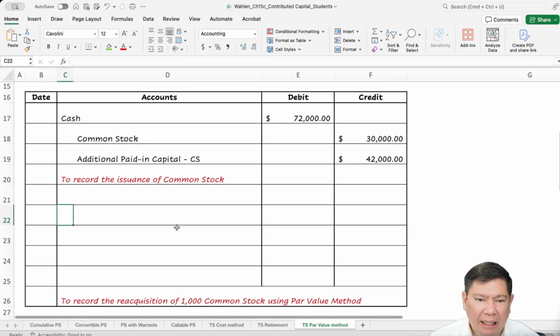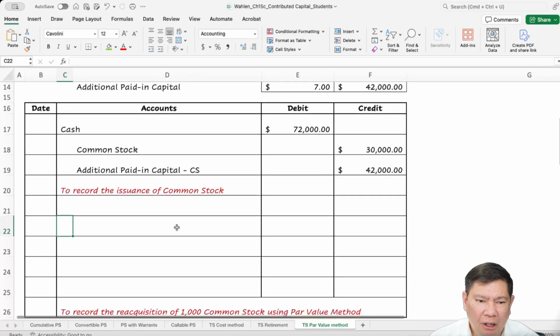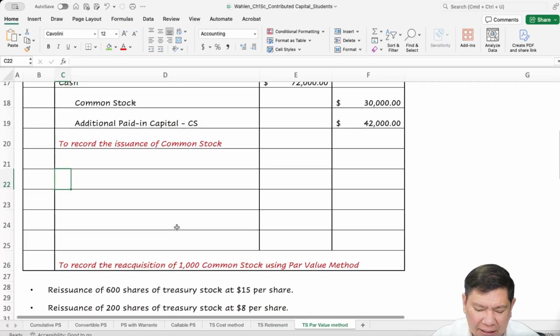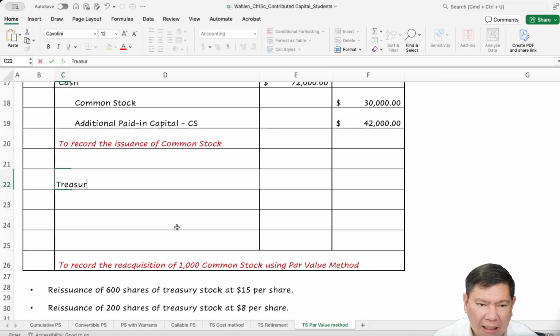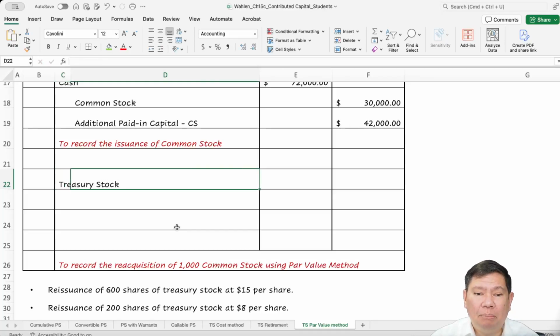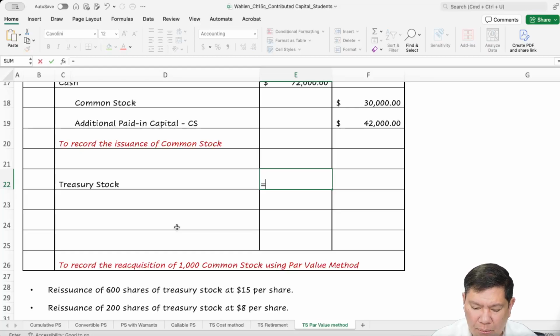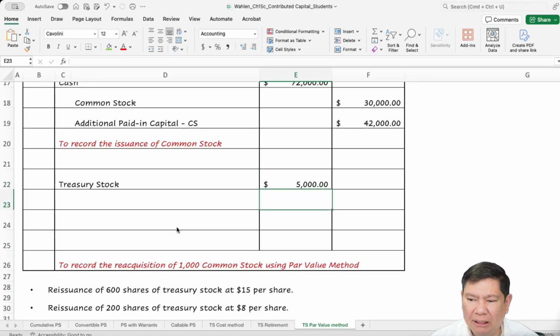And then the company repurchased 1,000 shares and recognized this treasury stock at $13. But because we're using the par value method, we're going to record the treasury stock using the par value. So 1,000 shares acquired times $5 is $5,000.